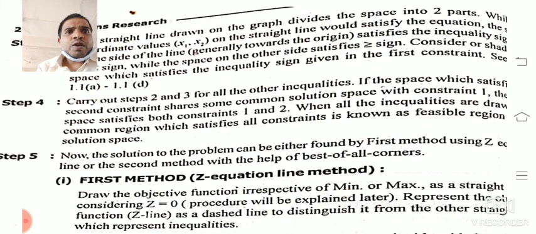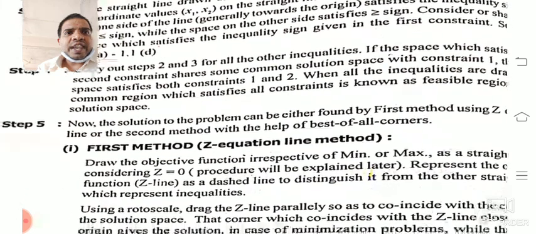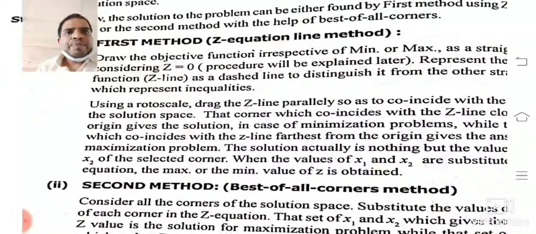Now we need to find the x1 and x2 values. How are we going to find them? Here we have two methods. The first is the Z equation line method and the second is the best of all corners method.